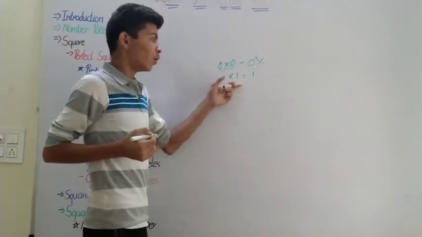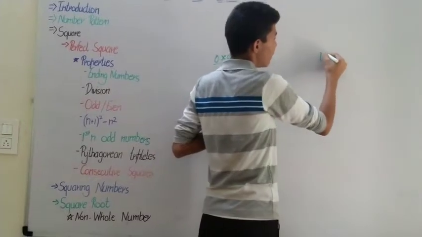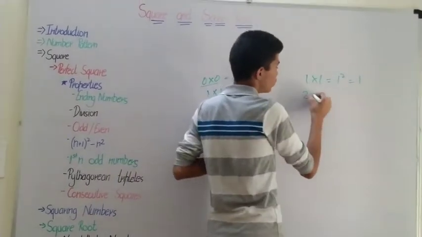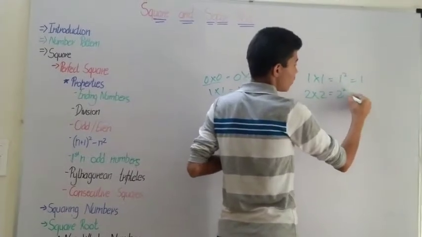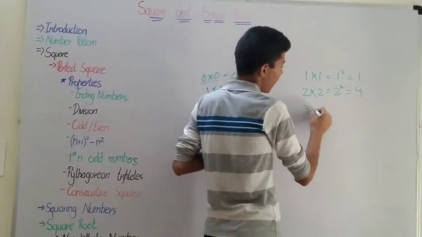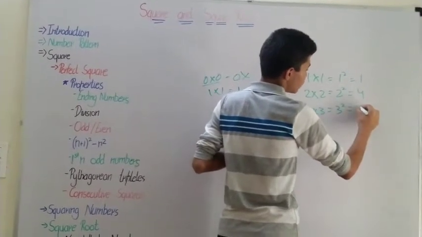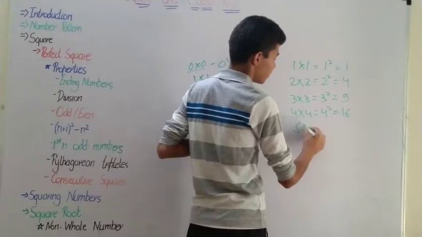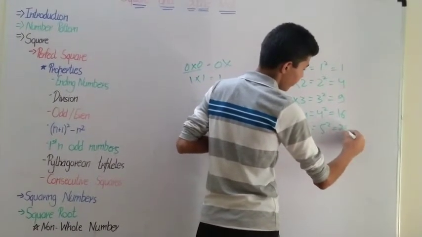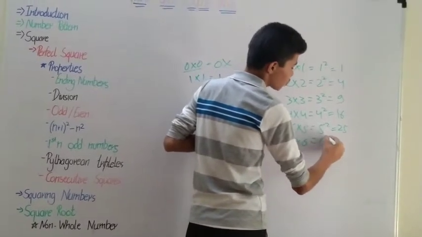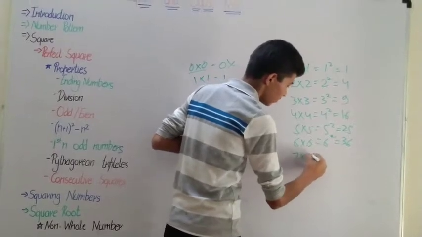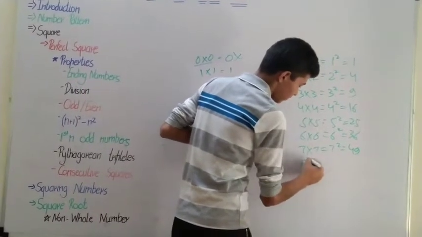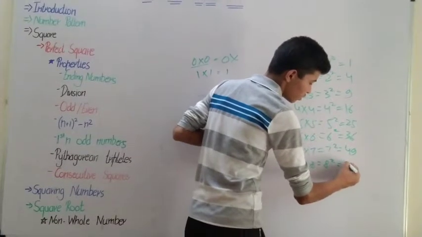So let's see how far we can go. First, 1 multiplied by 1 is 1 square, that is 1. 2 multiplied by 2 is 2 square, that is 4. 3 multiplied by 3 is 3 square, that is 9. 4 multiplied by 4 is 4 square, that is 16. 5 times 5 is 5 square, that is 25. 6 multiplied by 6 is 6 square, that is 36. 7 square, that is 7 multiplied by 7, equals 49. 8 multiplied by 8 is 8 square, which equals 64.